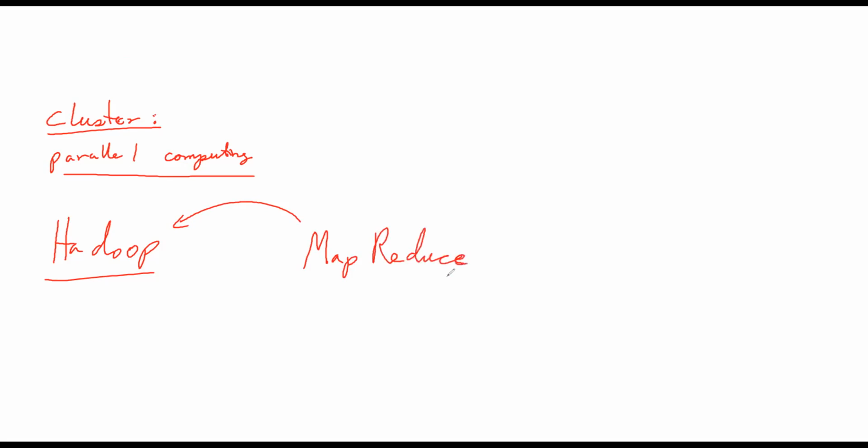The underlying, so Hadoop is the technology, okay? But it's basically an implementation of a methodology or a framework, actually called MapReduce. So MapReduce is really the methodology for this idea of parallel computing. So we're really starting from there.